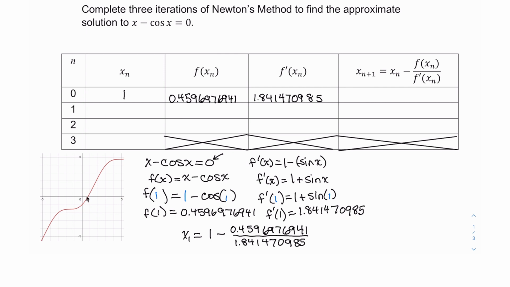And when you calculate that, you'll have 0.7503638678. And that's what we will put down underneath the x sub n and across from the 1, meaning that it's x sub 1.